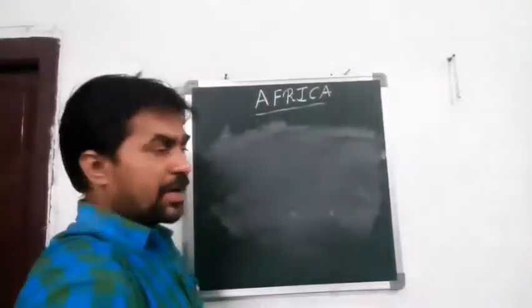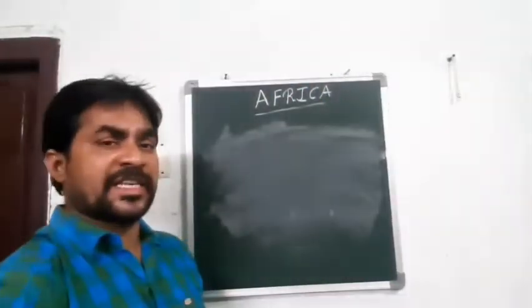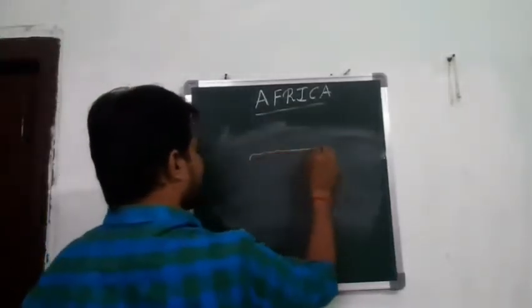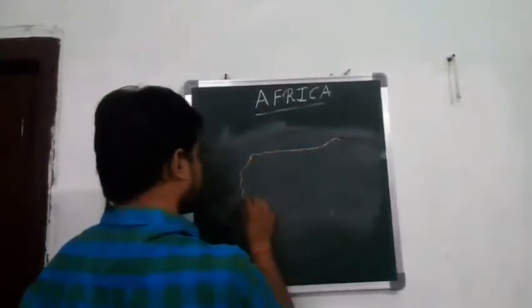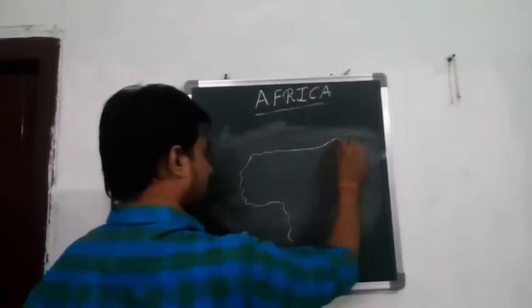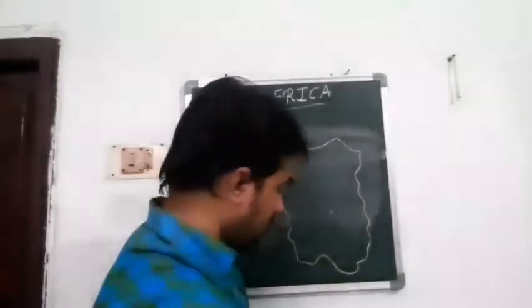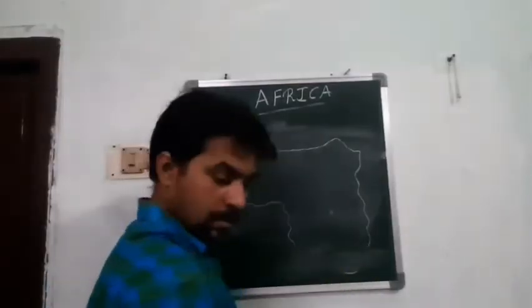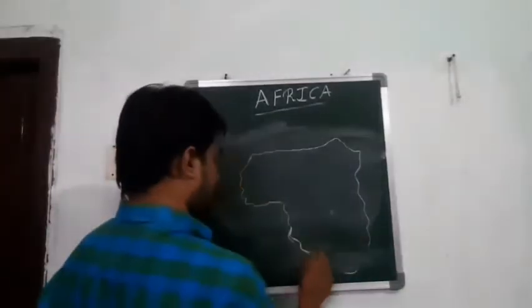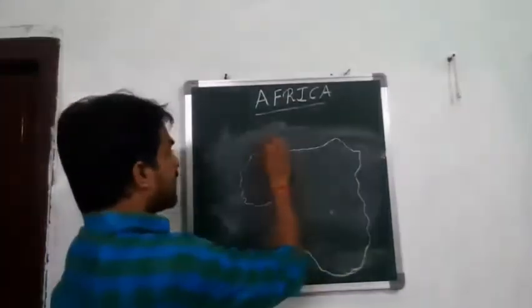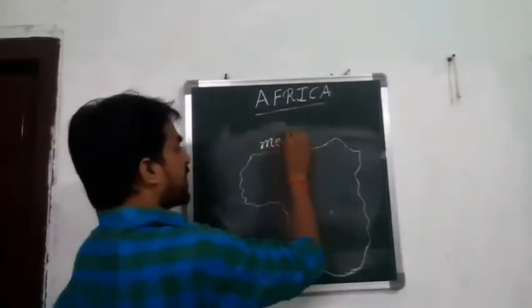So that is the reason we are going to learn about Africa today in our class. First of all, see the borders of Africa. Where is this Africa found? The northern side of Africa has the Mediterranean Sea.